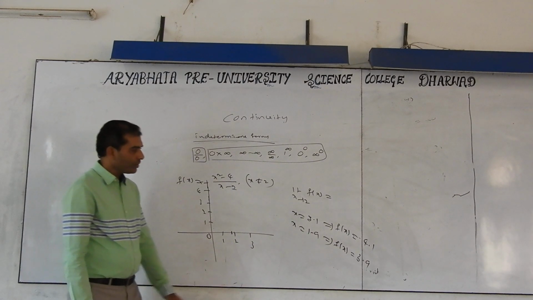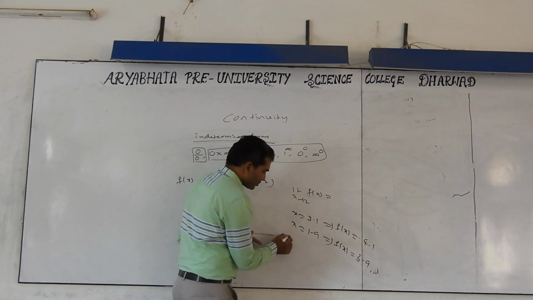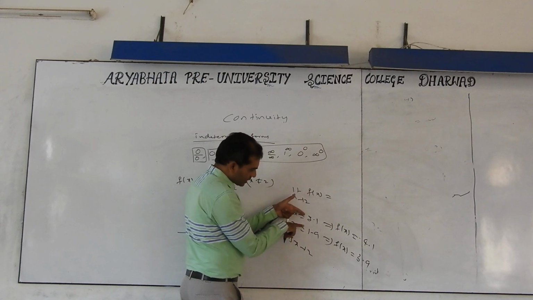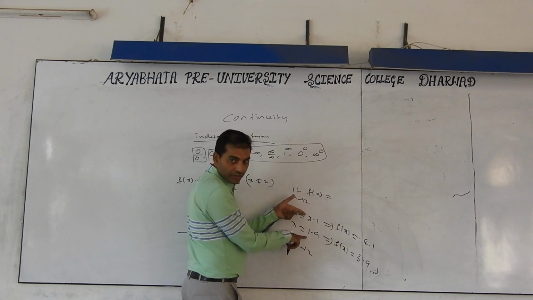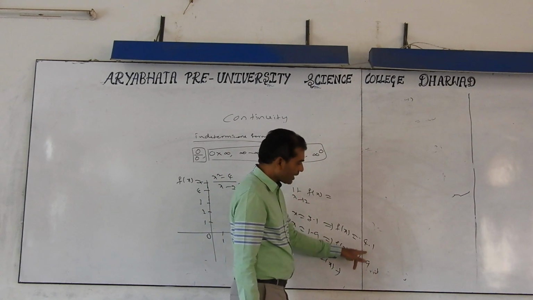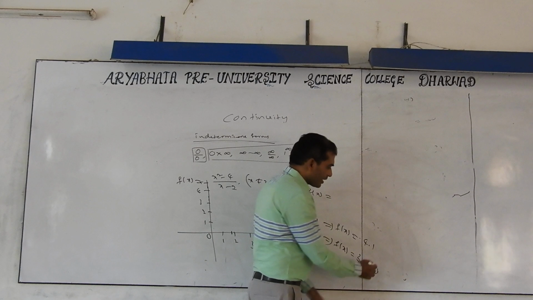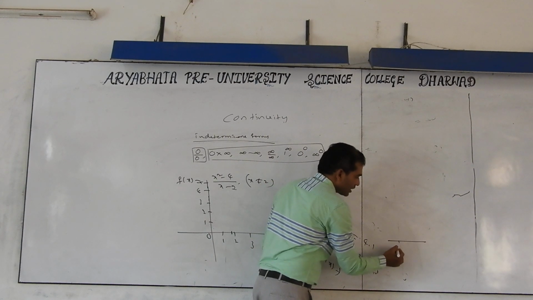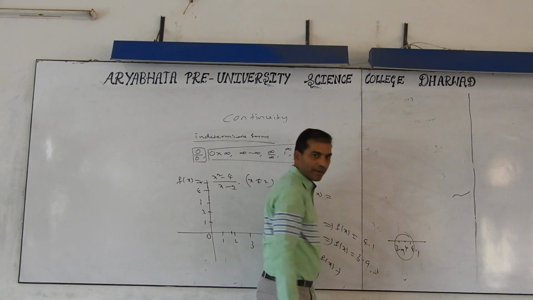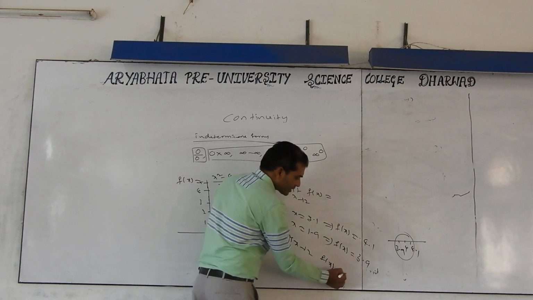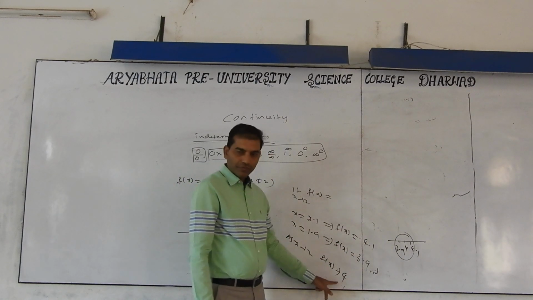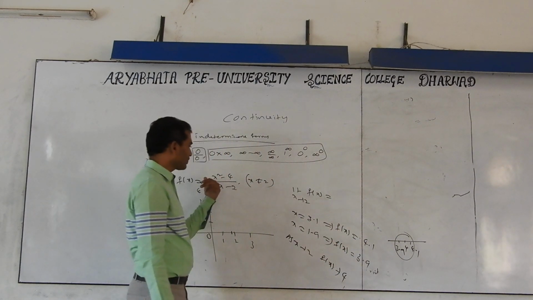So, as x increases from left to right towards 2, f of x tends from 3.9 to 4.1, which is the neighborhood of 4. Here 3.9, here 4.1, this is 4. This is called the neighborhood of 4. f of x tends to 4, but is not 4. Then 4 is called the limit of this function.